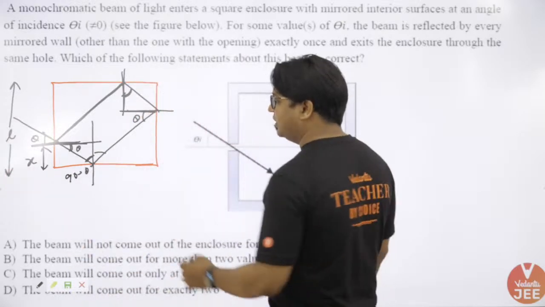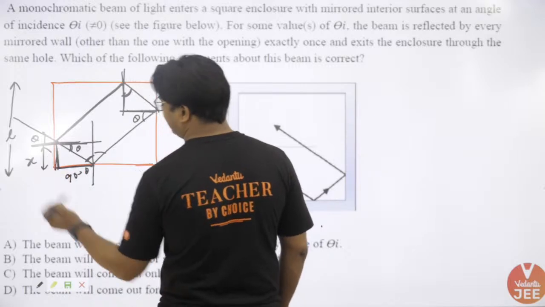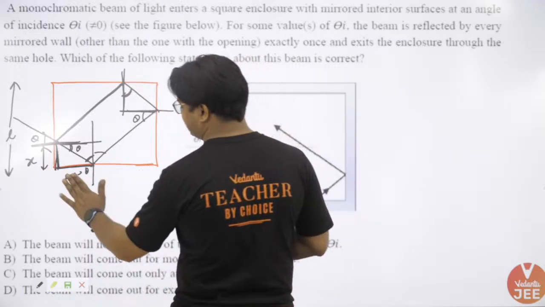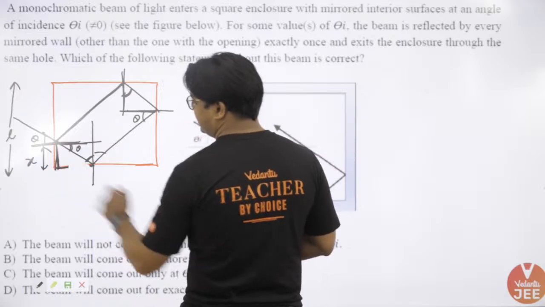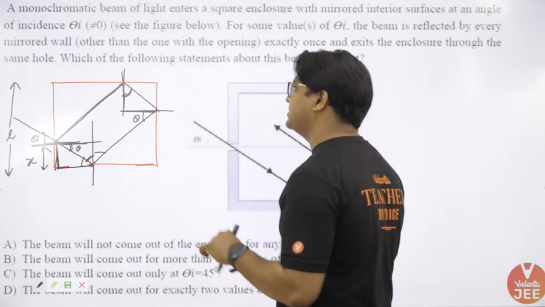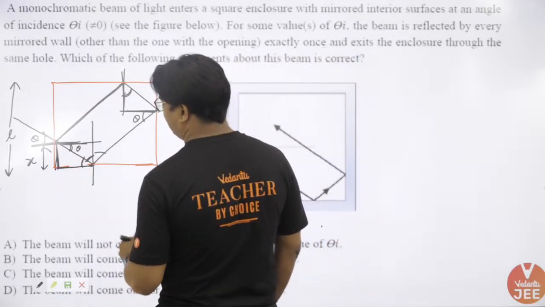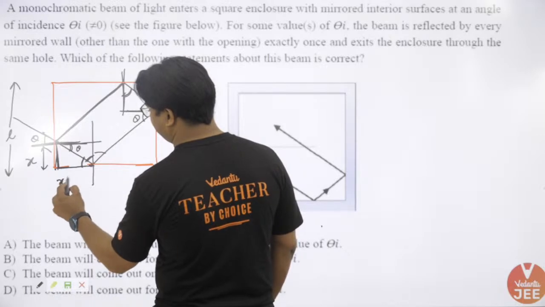If this length is x, can we find this length? I think we can, because I'll directly write this length. If this is x, this angle will be theta, so tan theta will be x by something. So this will become x cot theta. Have a look.